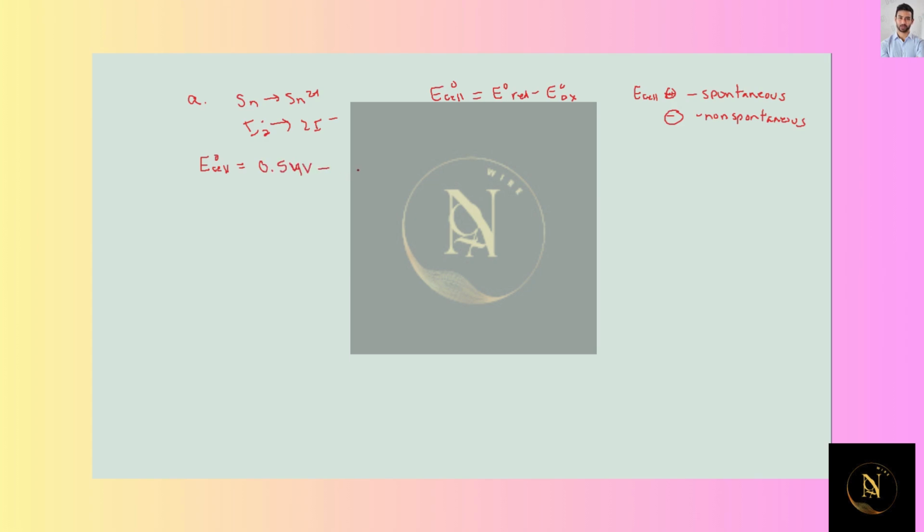We're going to subtract off E oxidation, which for Sn to Sn2+ is equal to negative 0.14 volts, to get a positive 0.68 volts. And because E is positive, this reaction is spontaneous.